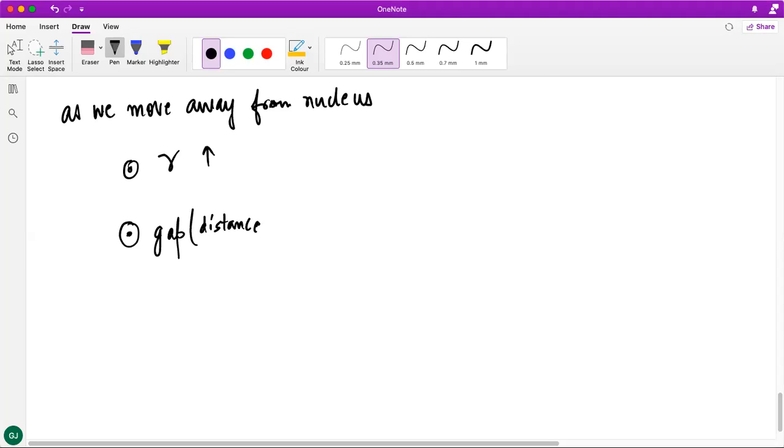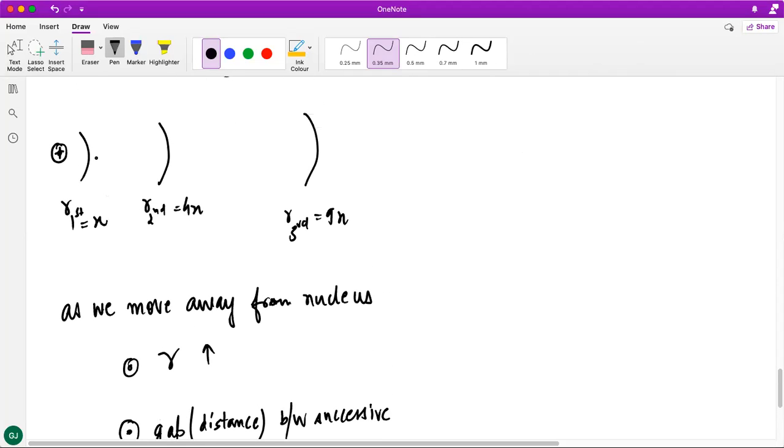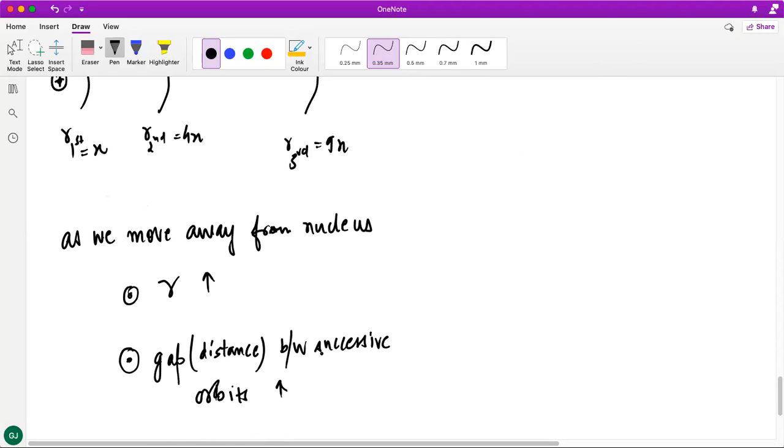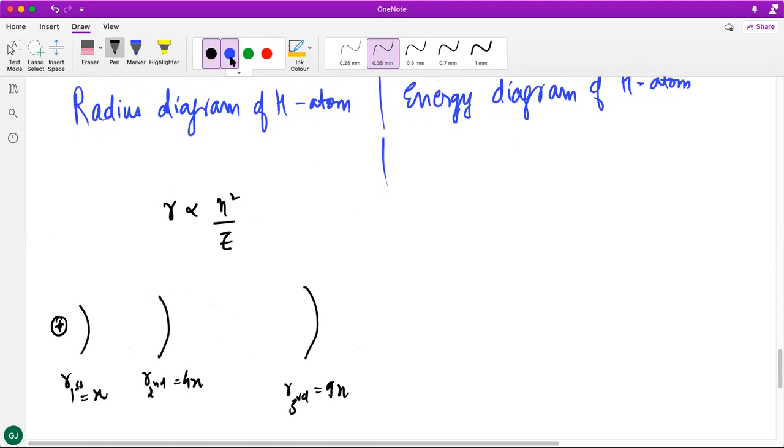The distance gap. ठीक है, gap between successive orbits, that also increases. ठीक है, right? यहाँ पर gap between first and second was 3x, second and third would be 5x, and so on. Consecutive, successive मतलब consecutive orbits के बीच का. ठीक है, all right.